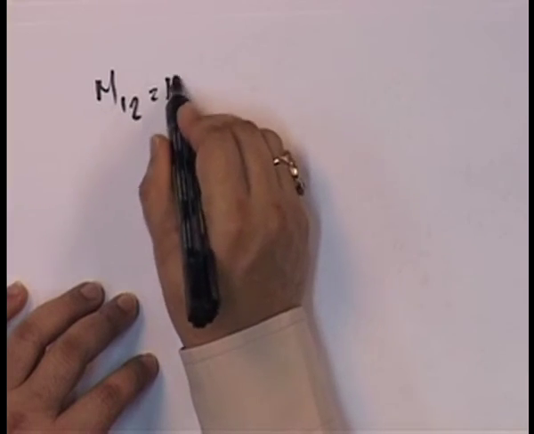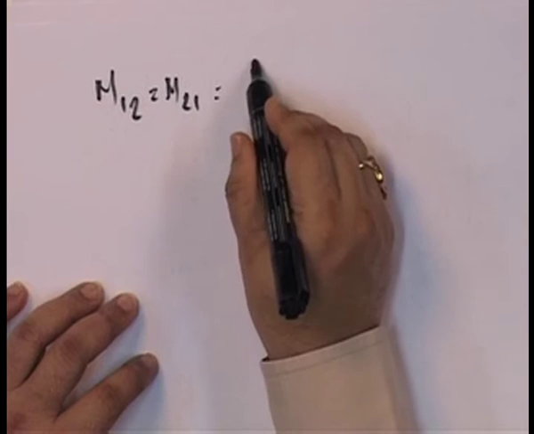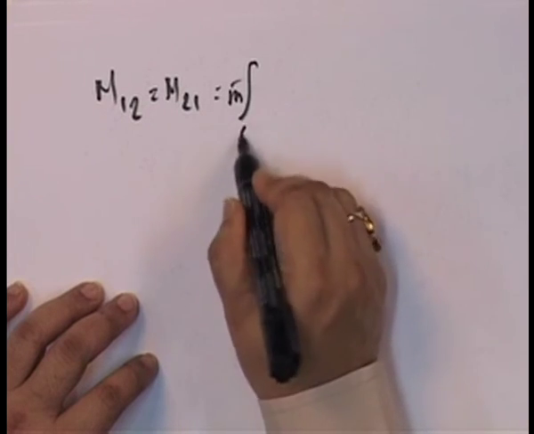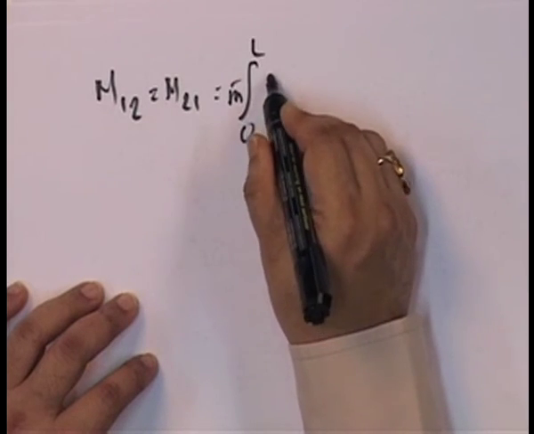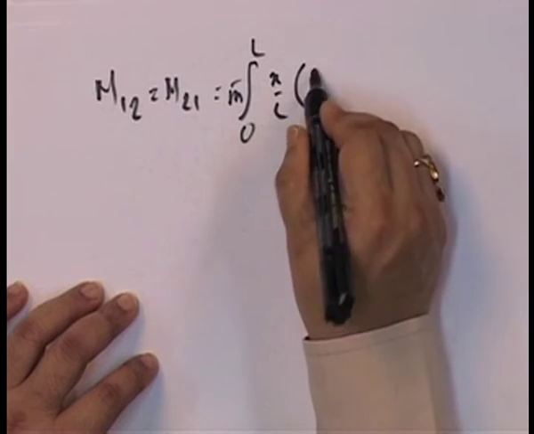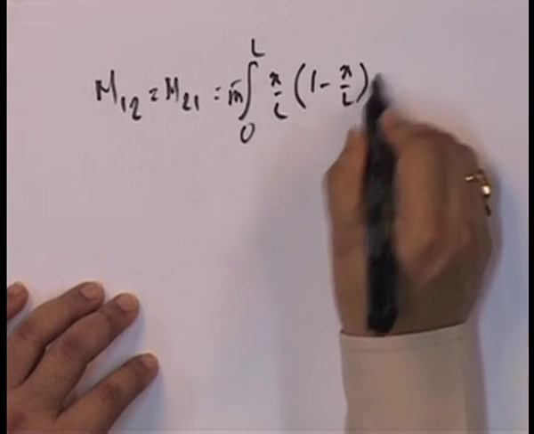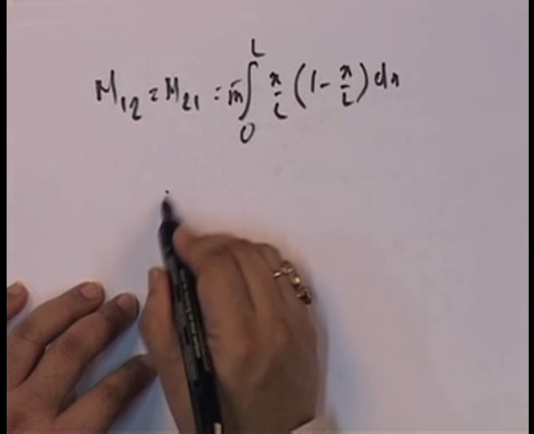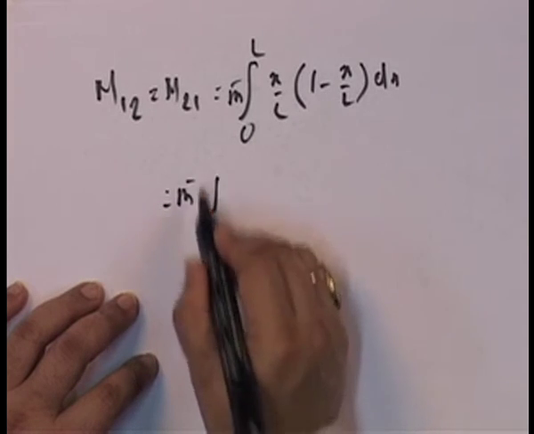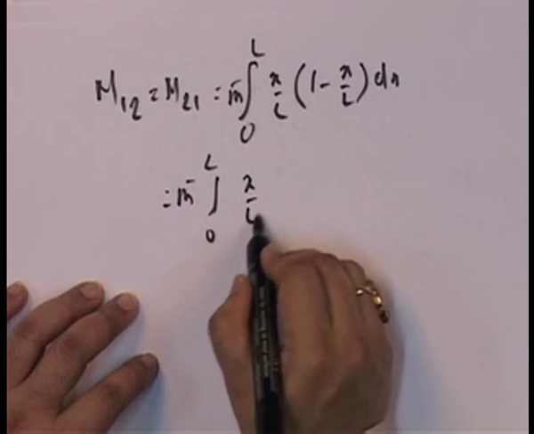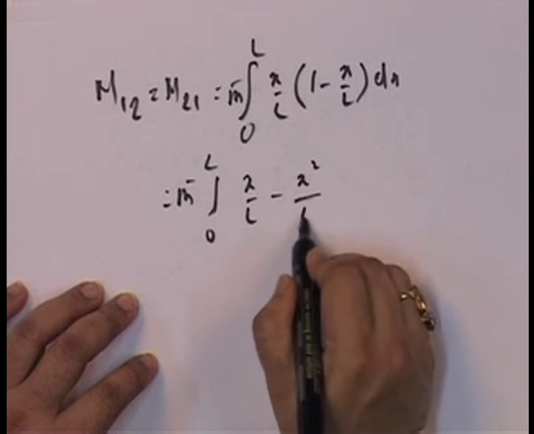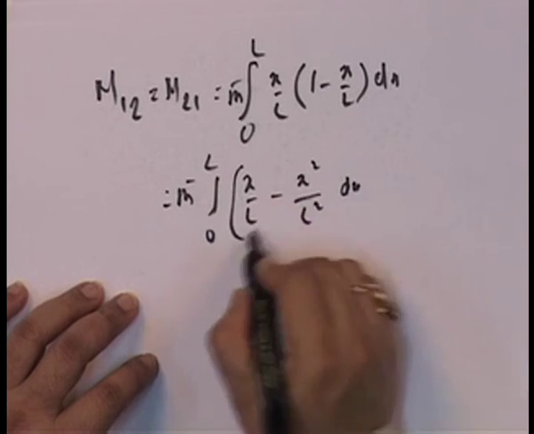m bar 12, which is equal to m bar 21, is equal to m bar integral 0 to L of (x by L) times (ξ1 and ξ2), minus x by L, dx. So, this becomes m bar integral 0 to L of x by L minus x squared upon L squared dx.